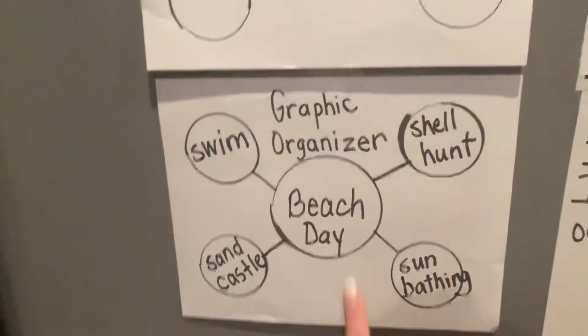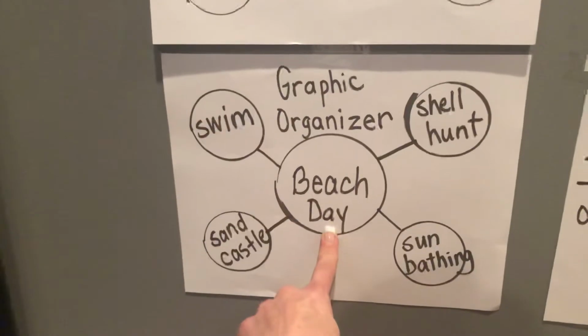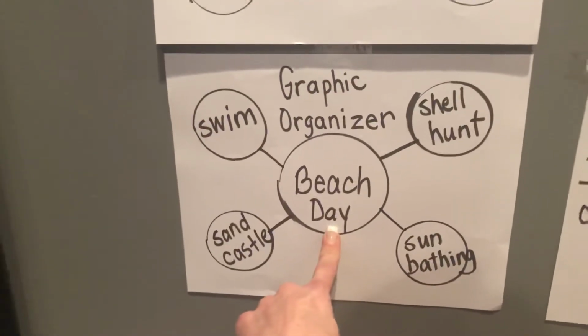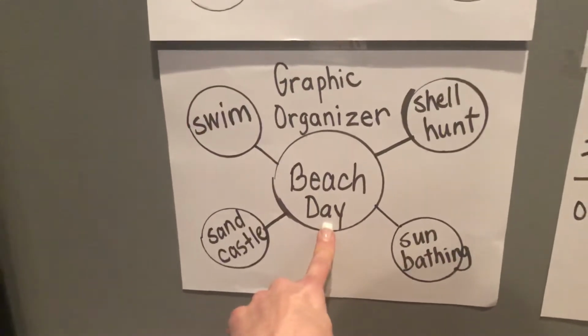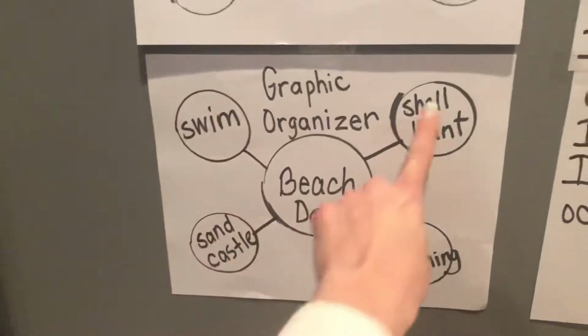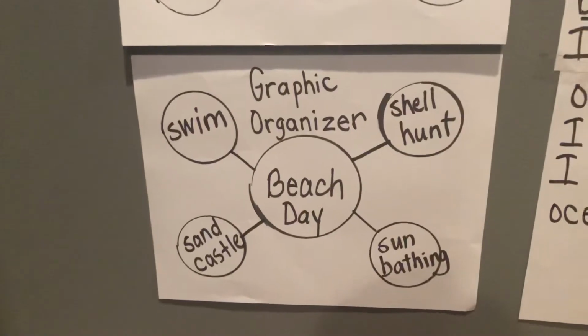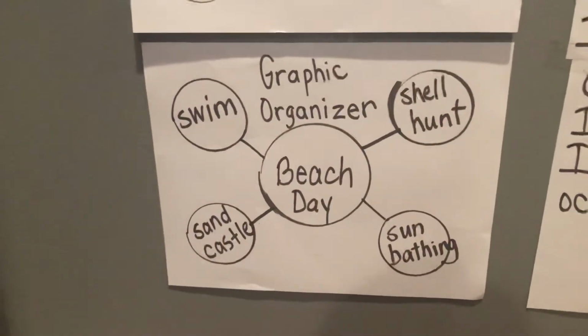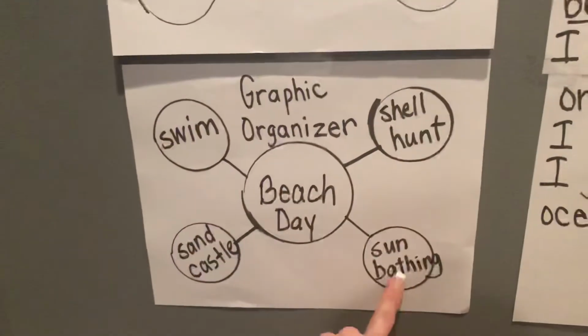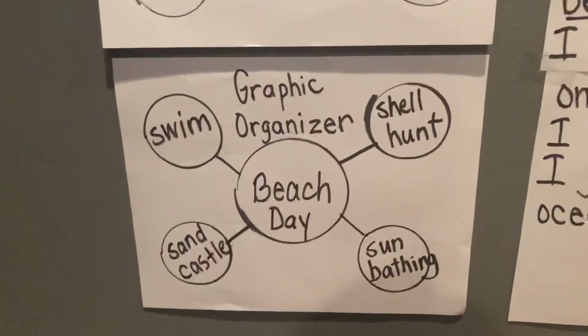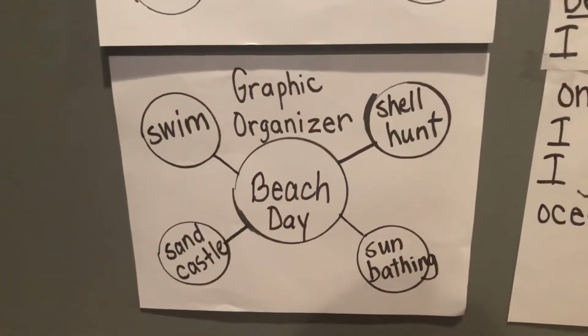So in the middle of your graphic organizer, you're going to write the topic, which is beach day. Then these little circles around are going to be your brainstorming ideas. What do you like to do at the beach? And that's what you write in these circles. Now, boys and girls, this is not the time to write complete sentences.